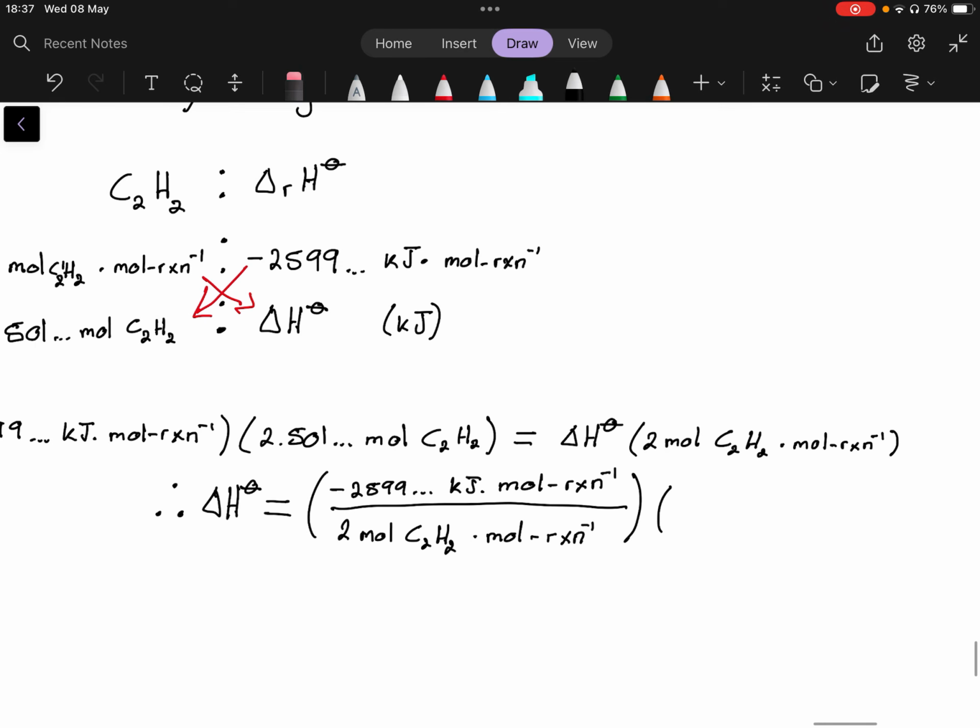And this is multiplied by an actual situation where we have 2.501 mole C2H2.